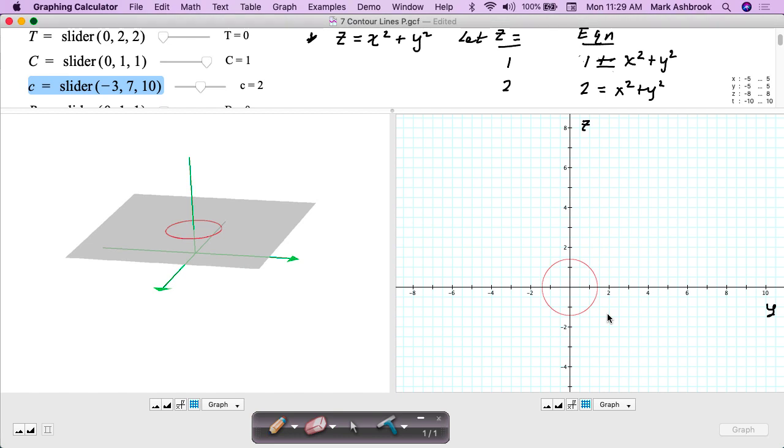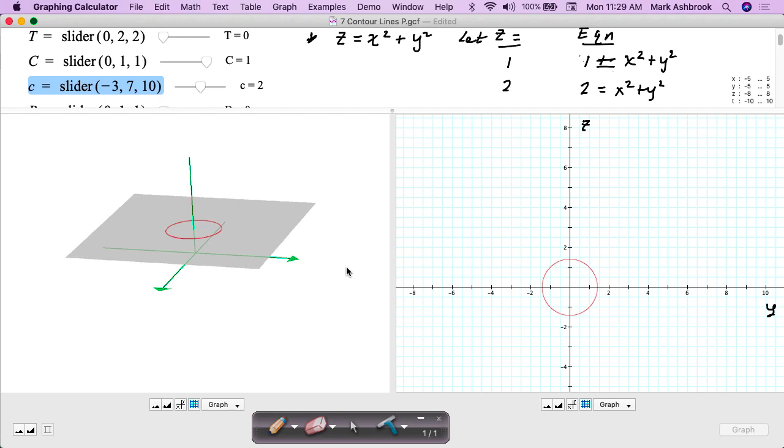Okay, anyone do a negative z? Yeah, Matt. Negative 1, what'd you get? Right, negative 1 equals x squared plus y squared is undefined, right? There are no ordered pairs x and y that can make this thing be negative 1. So what's the conclusion for the graph? So it won't work for any negative z values, so you won't find any points down there.